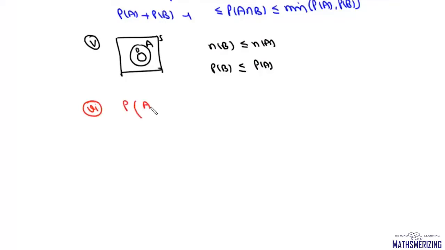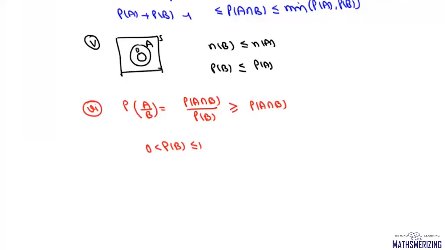Say for example, probability of A given B. Now we know that probability of A given B is probability of A intersection B upon probability of B. Now we know that in this case, probability of B must be greater than 0 but less than or equal to 1. Now if we divide P(A intersection B) by any number whose value lies between 0 and 1 including 1, that means it will always be greater than or equal to probability of A intersection B.